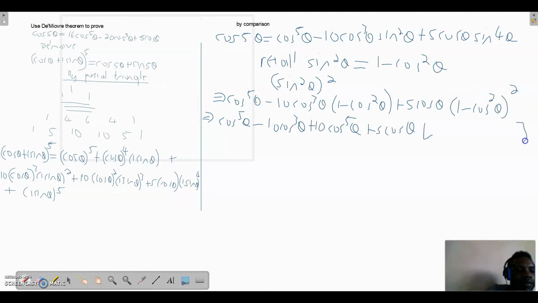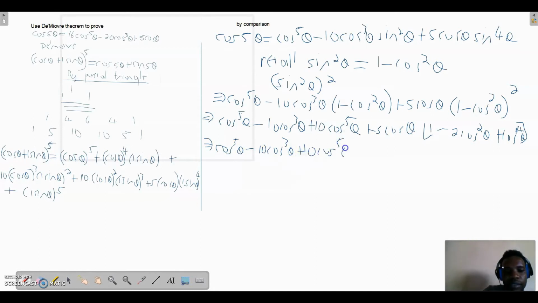So when we apply the perfect square to it, I'm going to have 1 minus 2 cos squared theta. And of course, we have to square the second term, which is going to give me cos to the 4 theta.